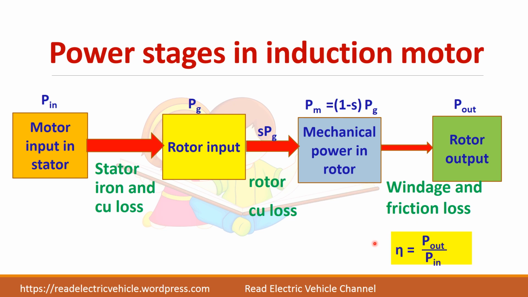So efficiency is equal to P out divided by P in. In this you have to remember three important things. The rotor input power is PG, S PG is going as waste, and the remaining (1 minus S) times PG is available as mechanical power.